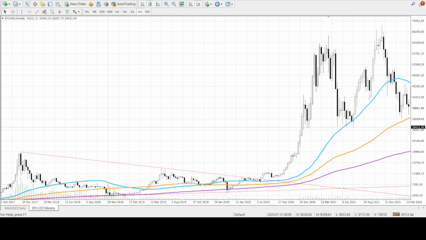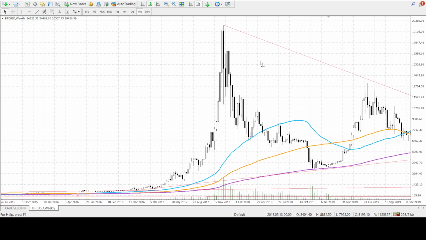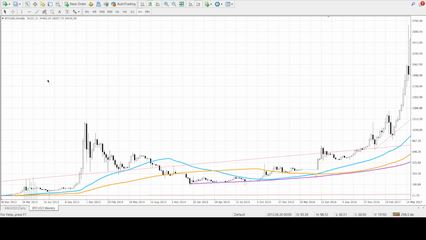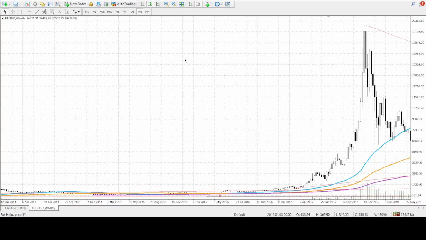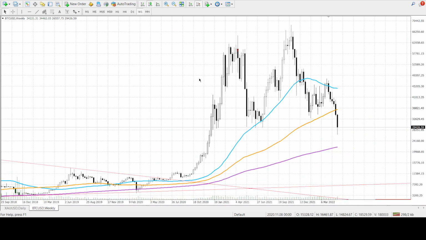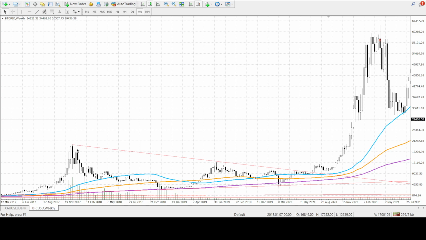Once it got past it, it came back down to test and see if this area was now support. Once it saw that it was, it went on its run. And just like all the previous ones, which were just multiples of the first runs, this one was a multiple of the last run to 20K.